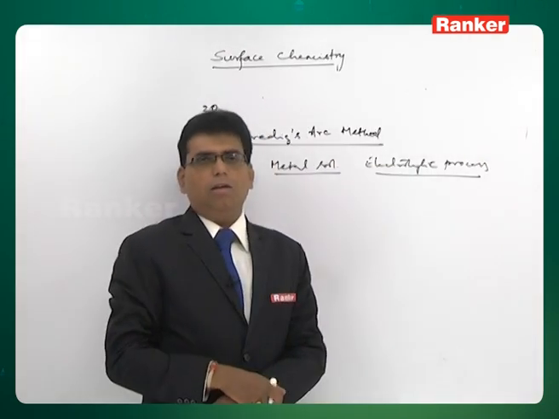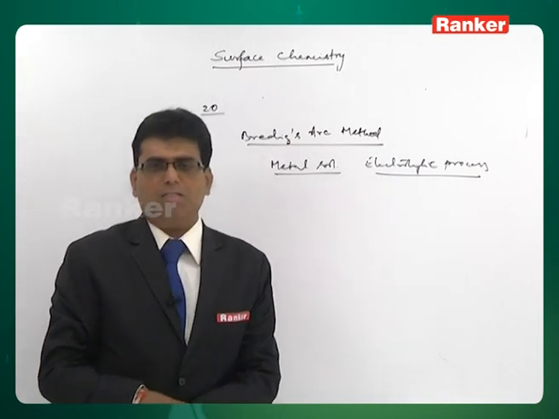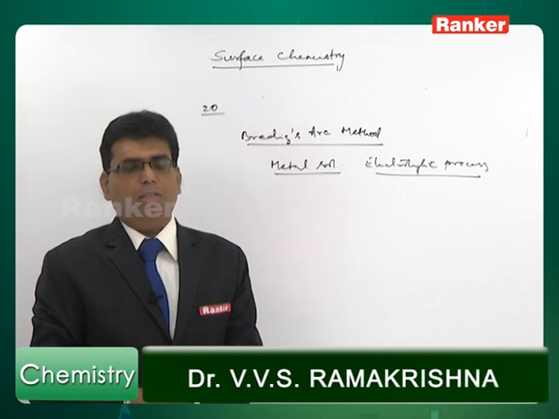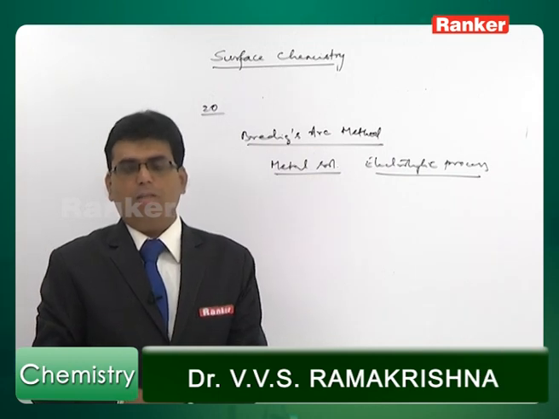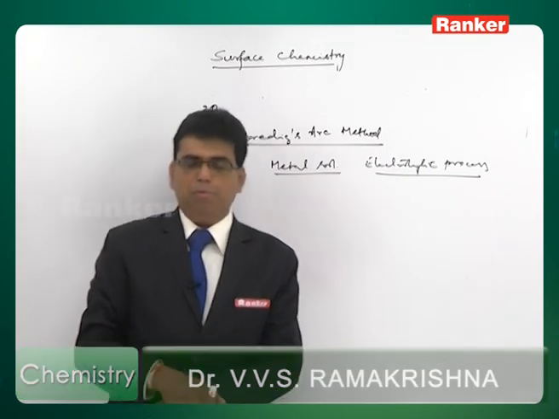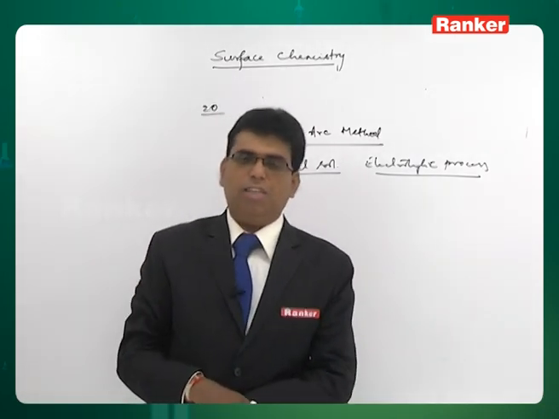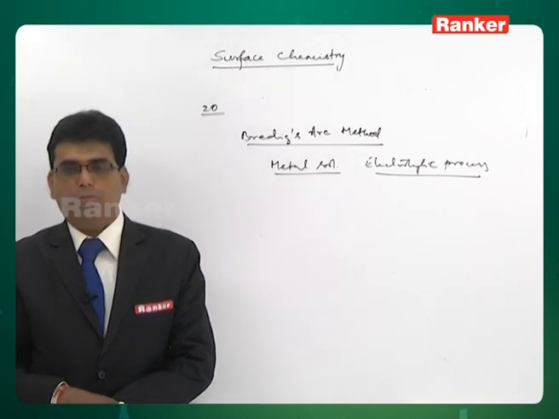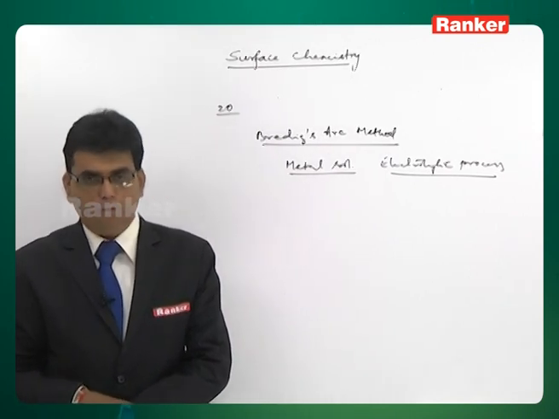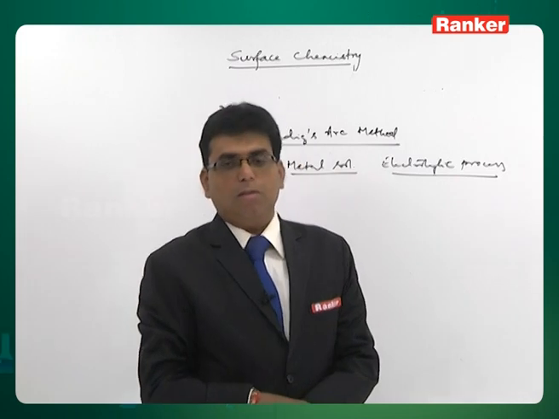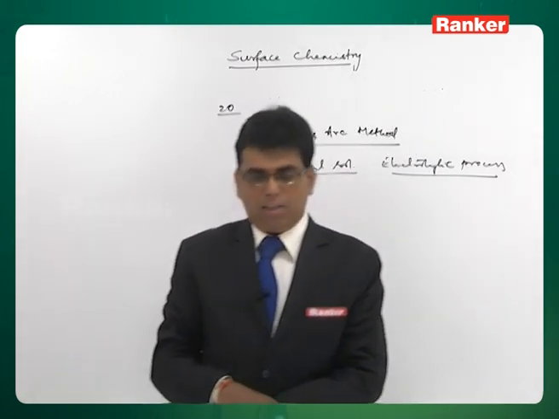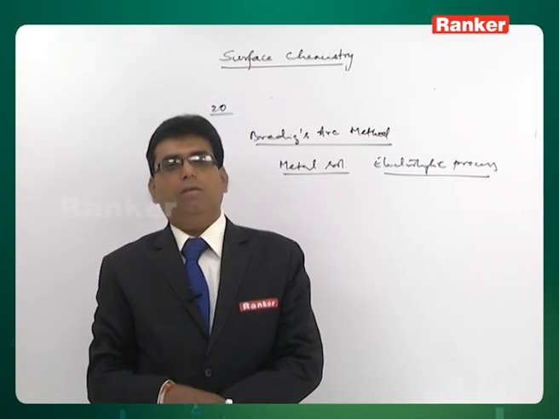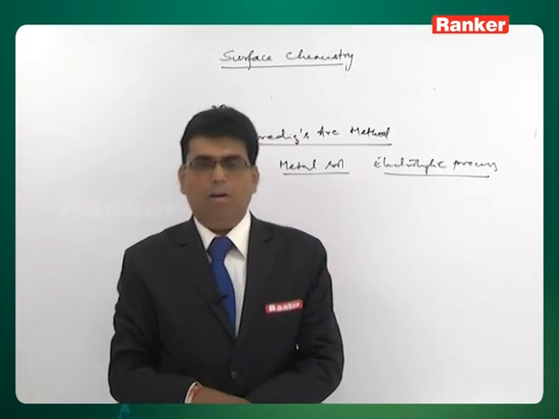The metal whose sol is to be prepared is taken as the electrode, and when a high voltage current is applied, the metal vapors get dispersed into the electrolyte, usually taken as sodium hydroxide. This method is mostly used for metals like platinum, silver and gold. Iron is not prepared by this Brady's arc method.